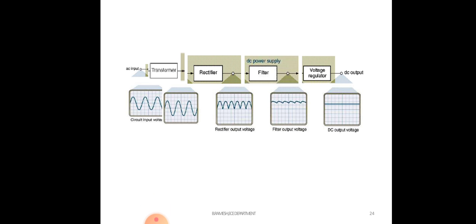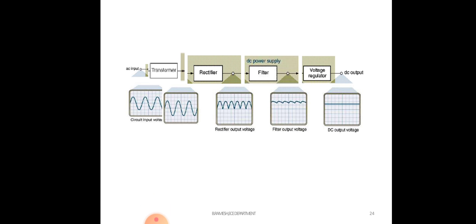In our home we get AC voltage, but we need to run electronic devices. For example, if you want to charge your mobile, the adapter contains a rectifier circuit.